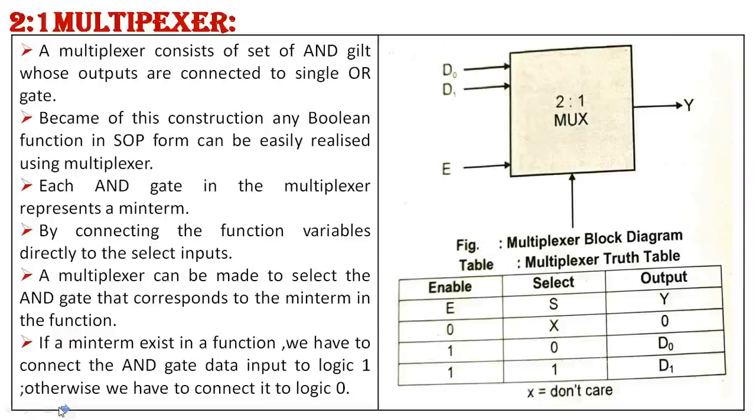By connecting the function variables directly to the select inputs, a multiplexer can be made to select the AND gate that corresponds to the minterm in the function. If a minterm exists in a function, we have to connect the AND gate data input to logic 1. Otherwise, we have to connect it to logic 0.